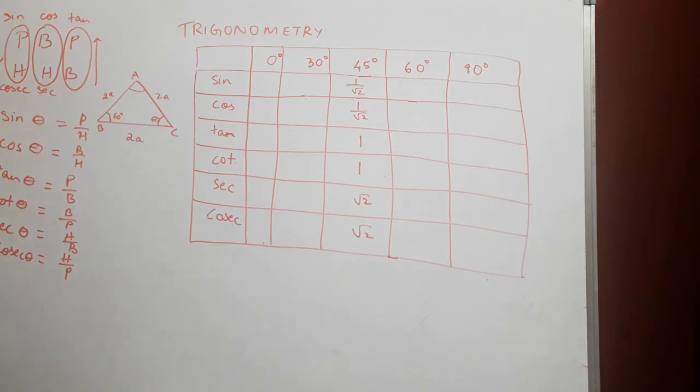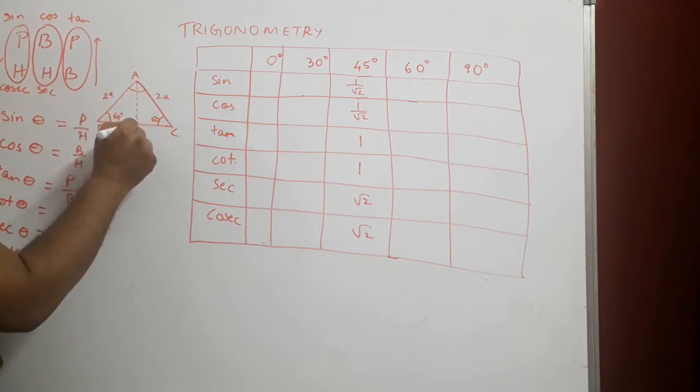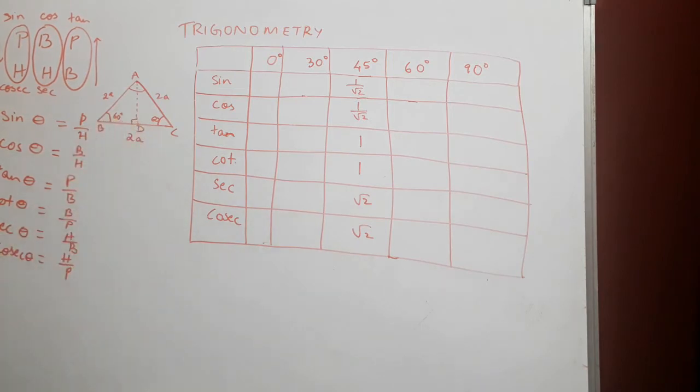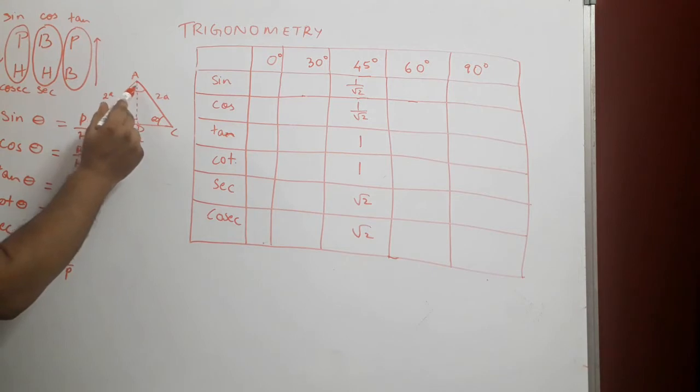Then what I'll do is draw a perpendicular bisector from A joining BC at D, which means this is now our perpendicular, but it also bisects angle A into two equal parts.